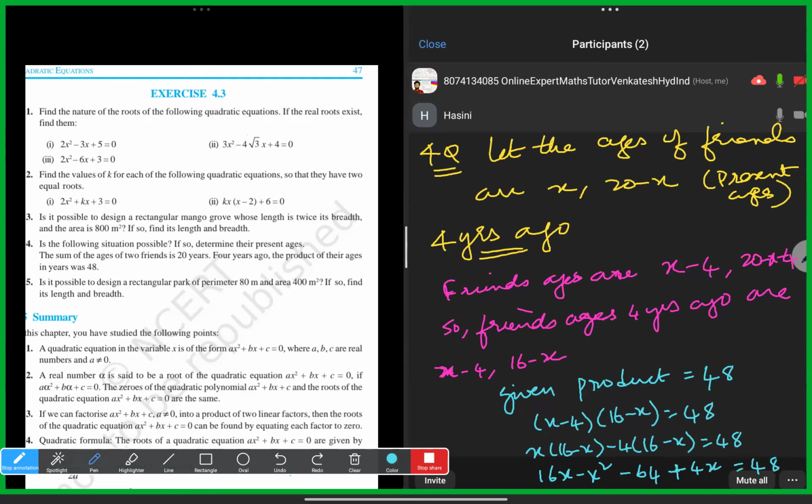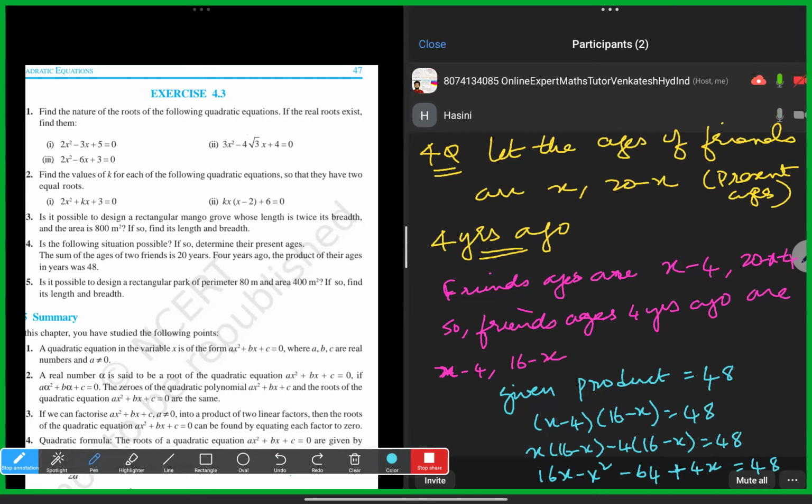Any doubt, Hasmi? No, sir. I just did binomial multiplication: first x with the entire second one, and minus 4 with the entire second. No doubt, sir.